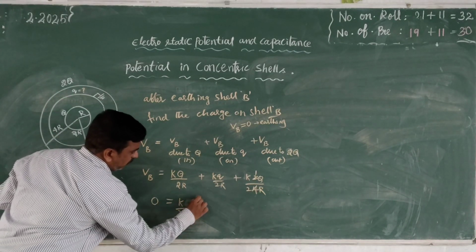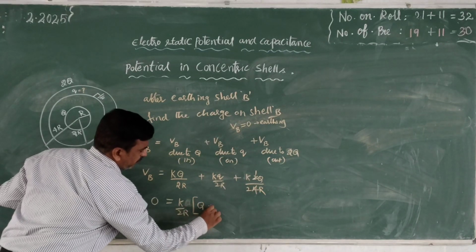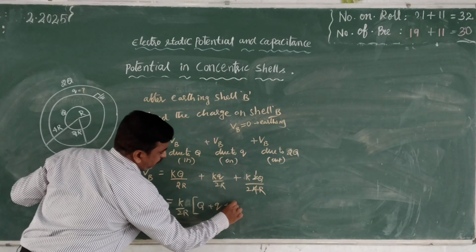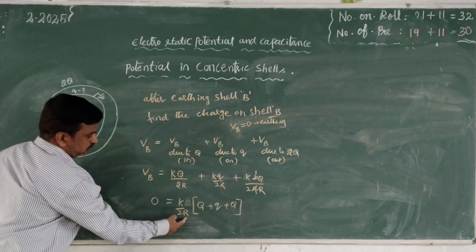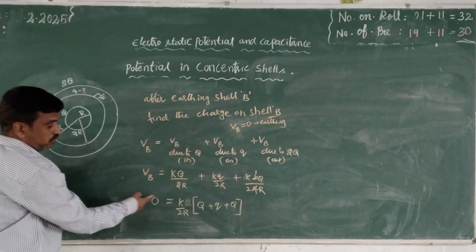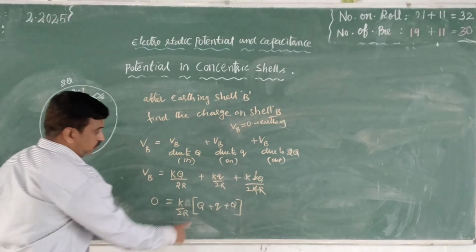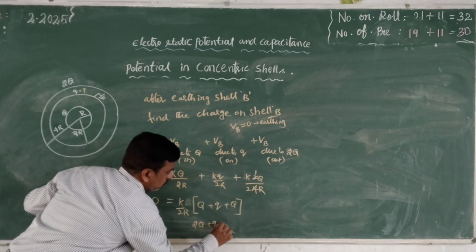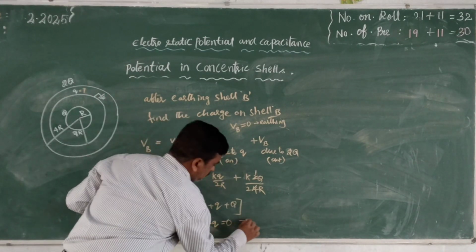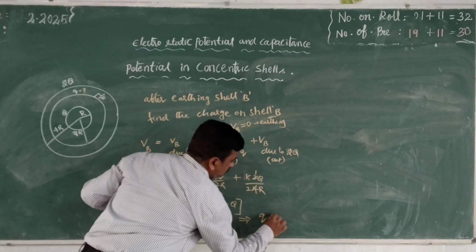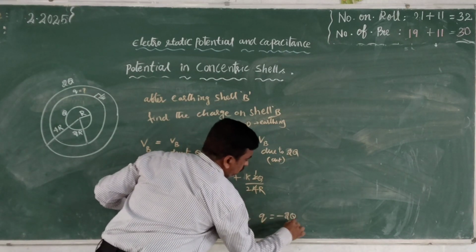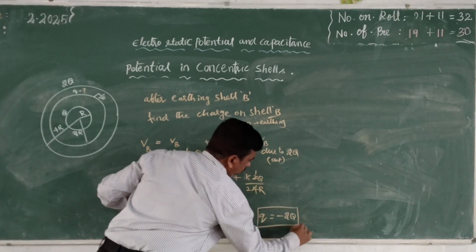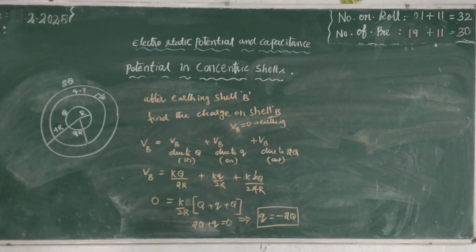See what we get here, q plus small q plus capital Q. Here 2r changes to 0, k also changes to 0. So what we get, q plus 2q plus small q equals 0. What is the small q now? Small q equals minus 2q. It is the charge on second surface due to earthing, but potential is 0.